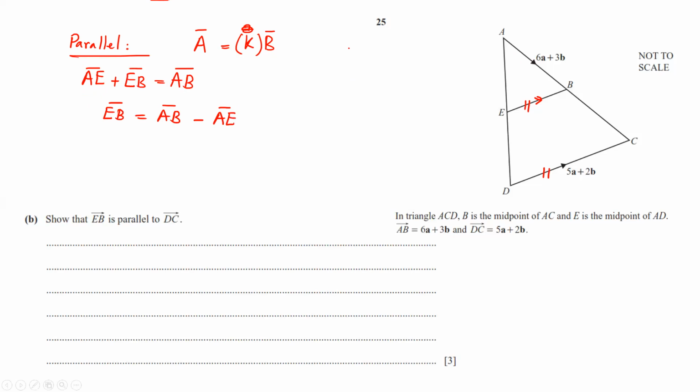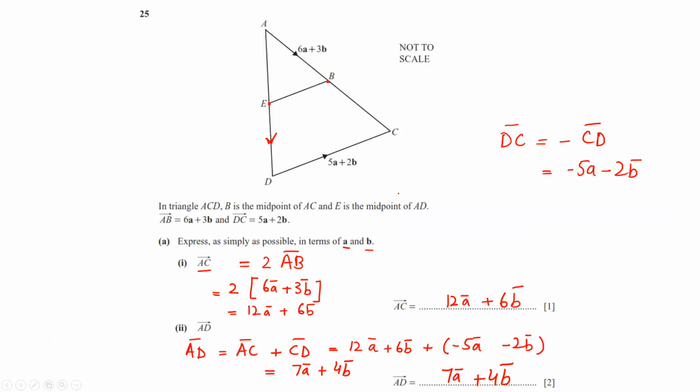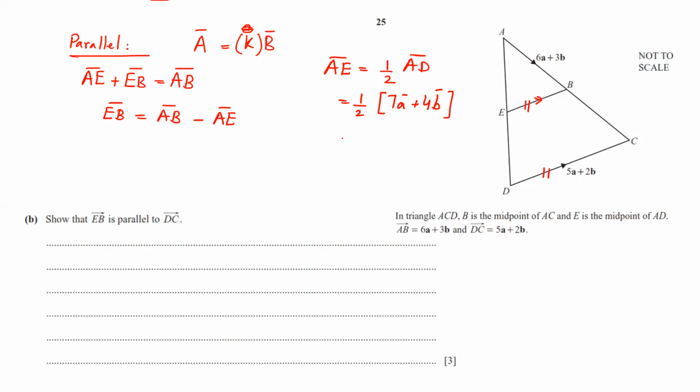And we have calculated AE, and AE is 1 by 2 of AD vector because E is the midpoint of AD. AD vector was 7A plus 4B, so this comes out to be 7 by 2A plus 2B vector.